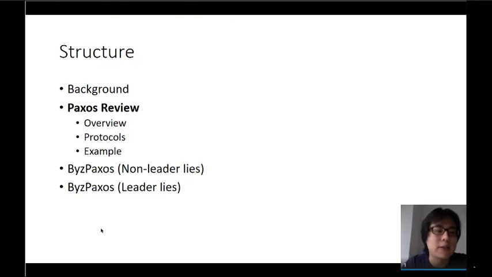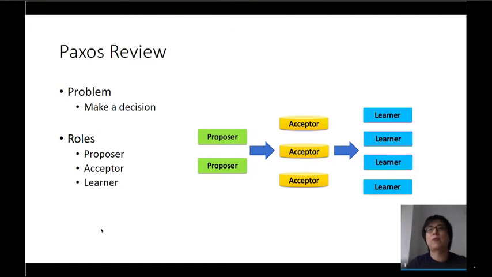Let's next review the Paxos protocol a little bit, because we're going to refine based on Paxos, step by step. Paxos is trying to solve the problem of making a decision, and its classic model includes proposers, which are trying to propose a value, and acceptors, which are trying to make a decision and vote for a value. Eventually, if a value is voted by a majority of acceptors, that value gets chosen.